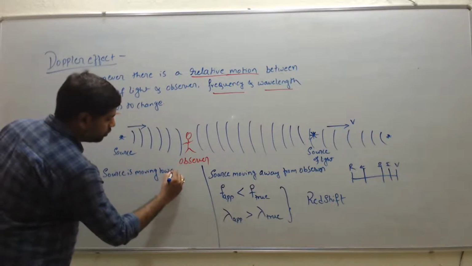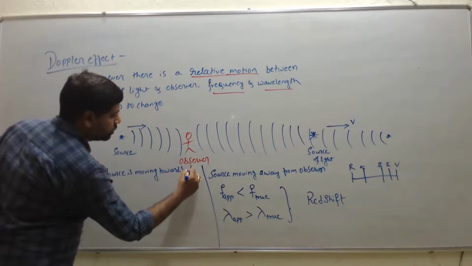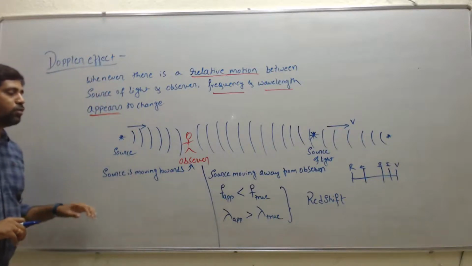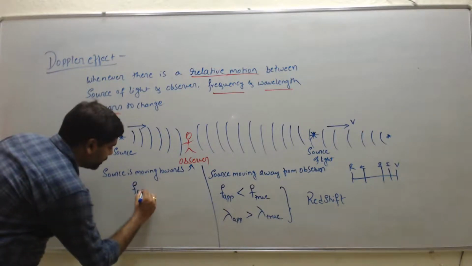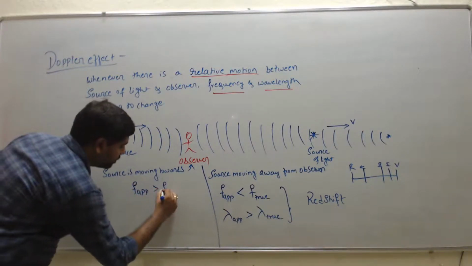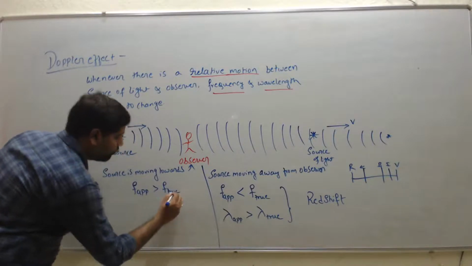The apparent frequency is greater than the true frequency.